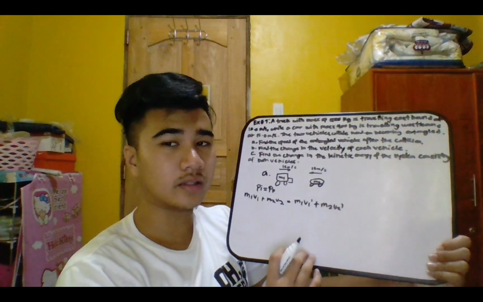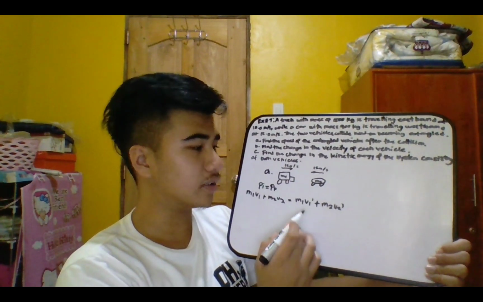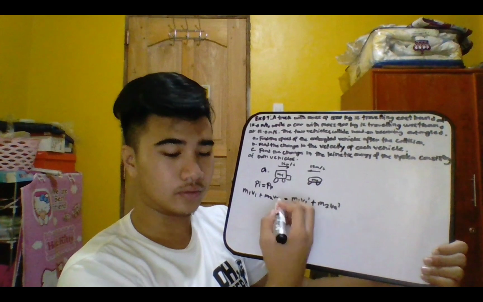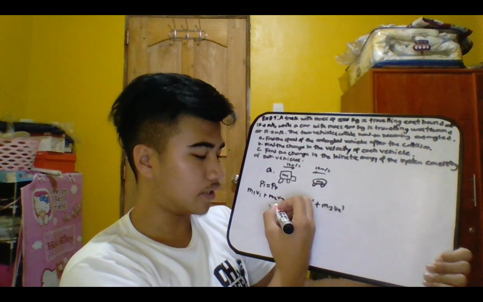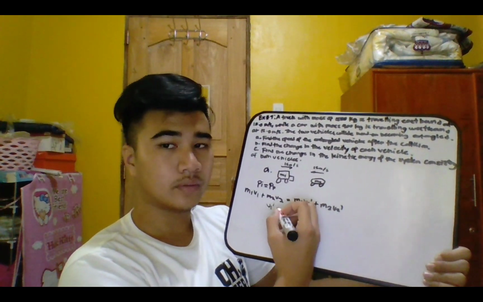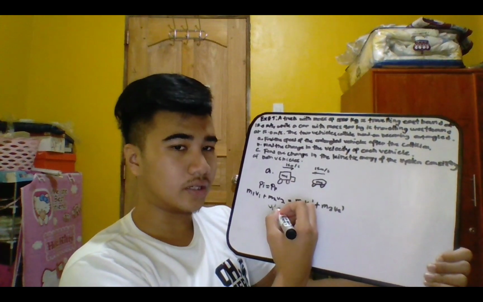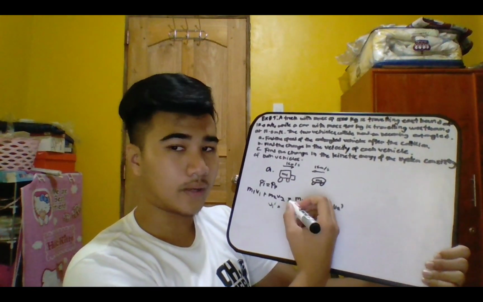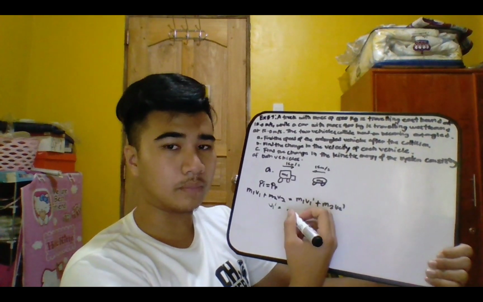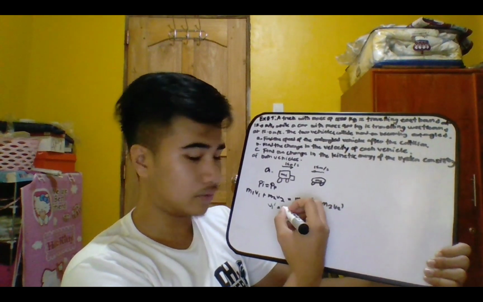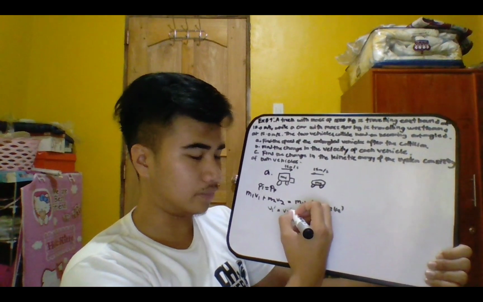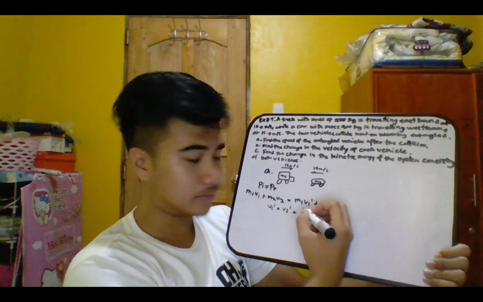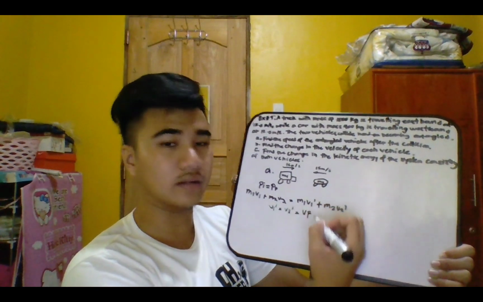Again, they are entangled, which means they stick together after the collision. So the final velocity of vehicle 1, the truck, is equal to the final velocity of the car, so we can just write it as the final velocity.